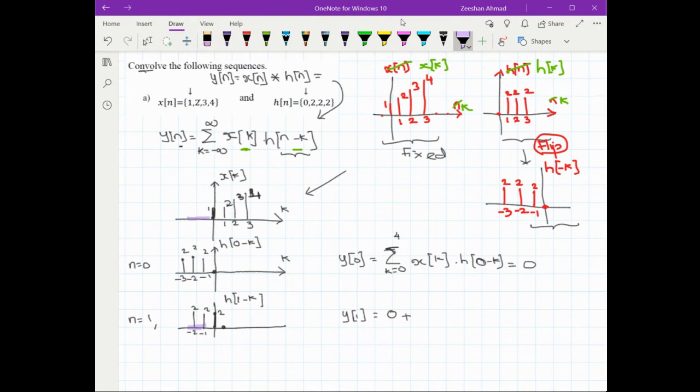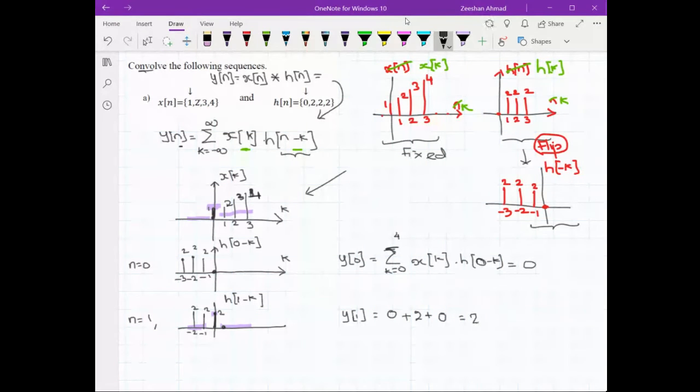Next, this is 2. 2 multiplied by 1 will be equal to 2, plus. These all values are 0. 0 multiplied by all these values will be 0 again. So this will give me 2 here.